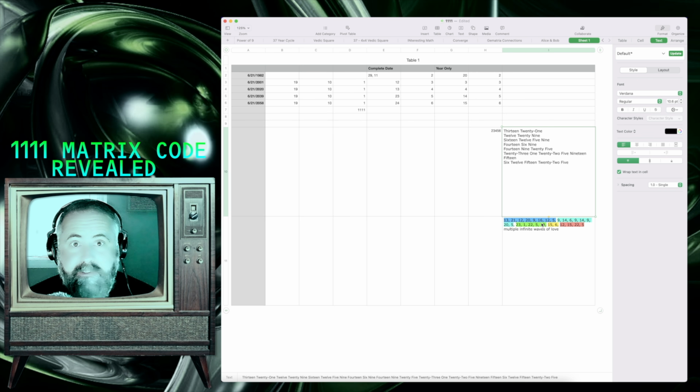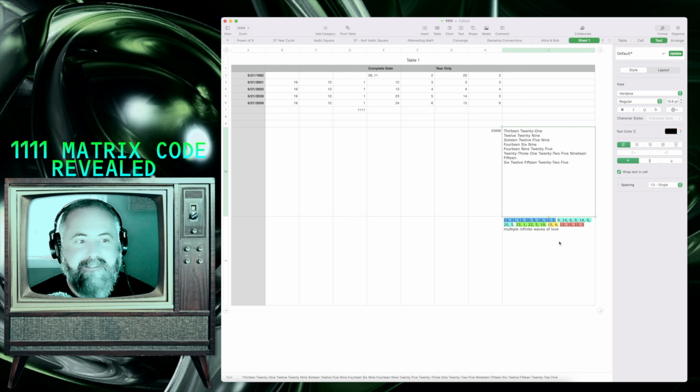I don't know what possessed me to do this, but then I pulled up our alphabet, A being 1, B being 2, C being 3, and so on. When you apply each letter in the alphabet to its corresponding number, it gave this phrase: multiple infinite waves of love.